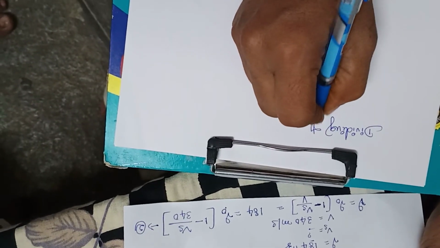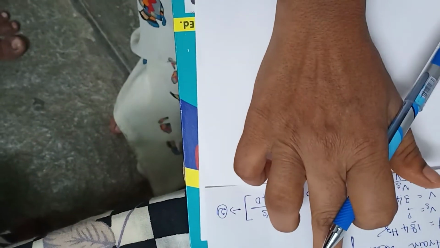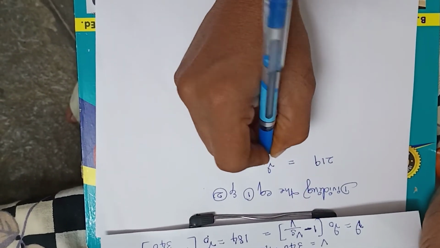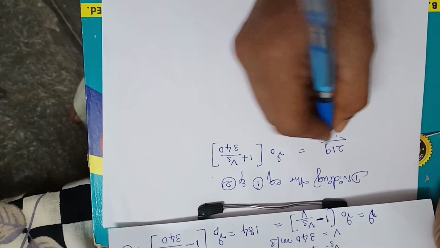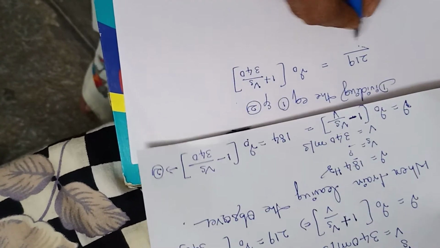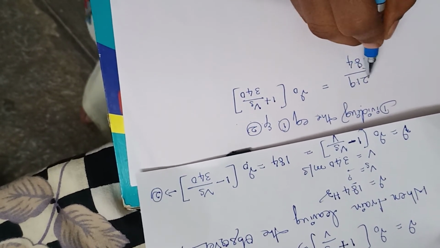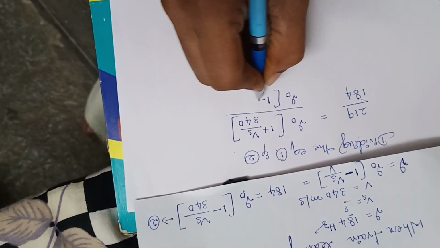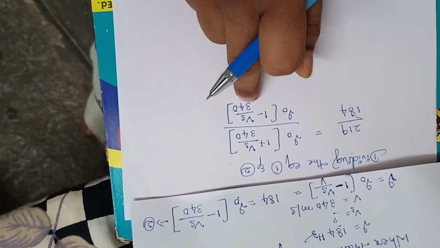Now dividing equation 1 by equation 2. Equation 1 is 219 equals nu naught into 1 plus vs by 340, and equation 2 is 184 equals nu naught into 1 minus vs by 340.